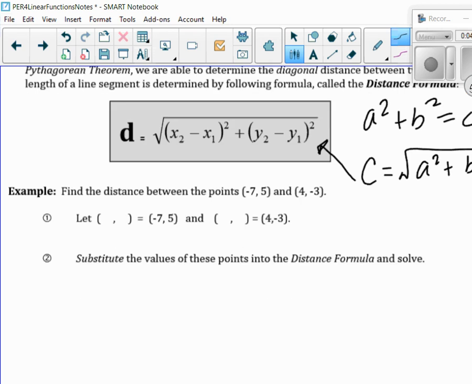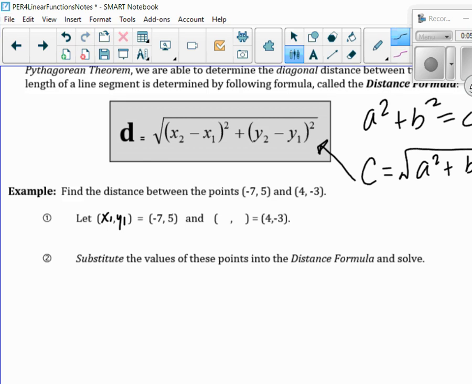Okay, so find the distance between -7, 5, and 4, -3. If we're going to just do a pure substitute into the distance formula, x1, y1 will be the first point. This rings a bell from what formula for labeling x1 and y1?